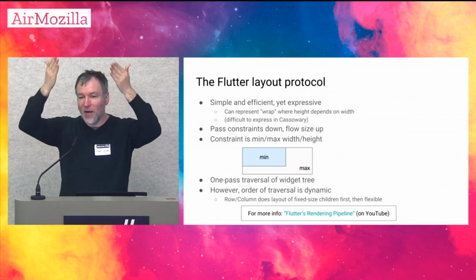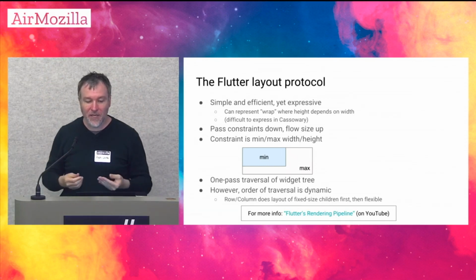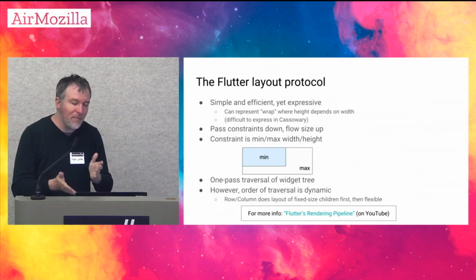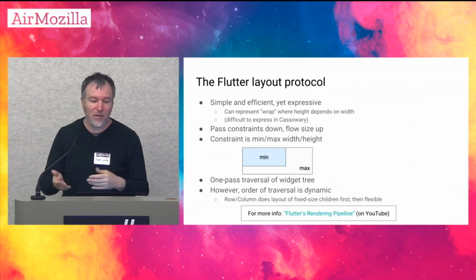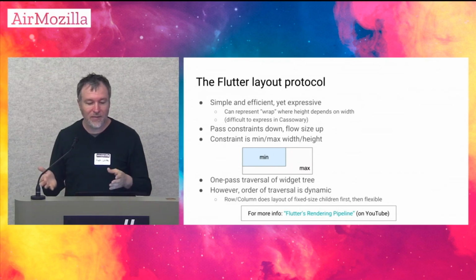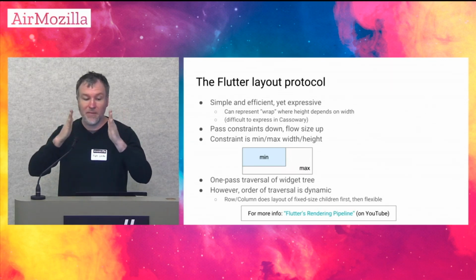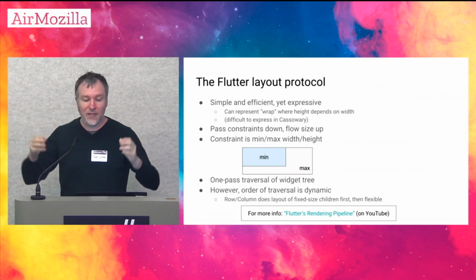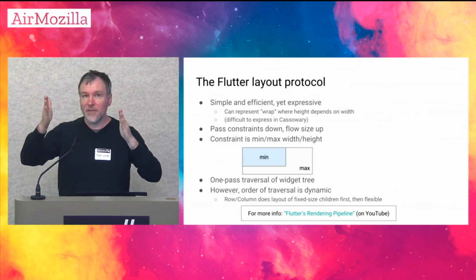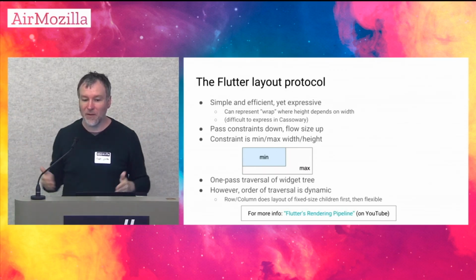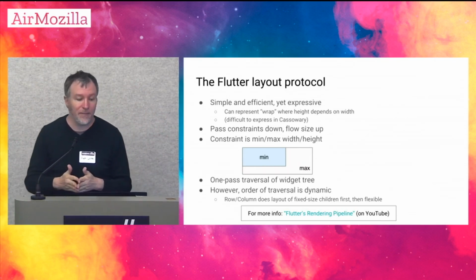This is how wide and how tall each widget needs to be. There's a little bit more complexity to it with intrinsic size, but the guts of it is just what's on this slide: the constraint is just a minimum and a maximum for width and height. And so the size that comes back up has to be somewhere between minimum and maximum. And that's basically all there is to it.